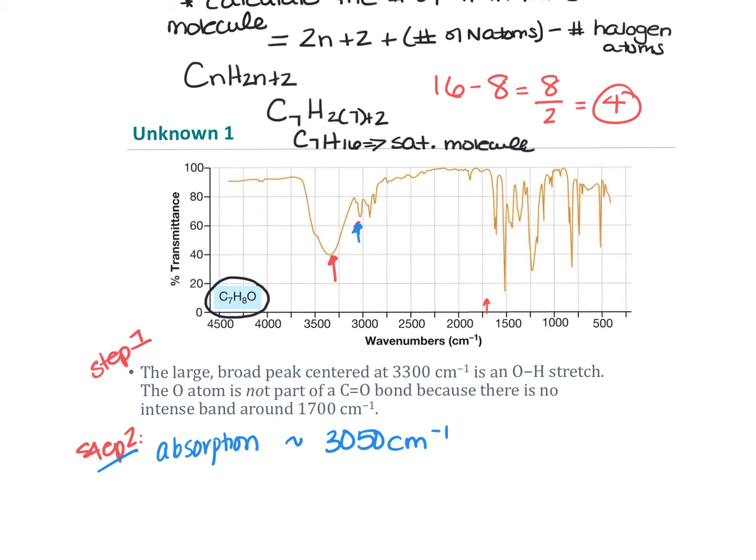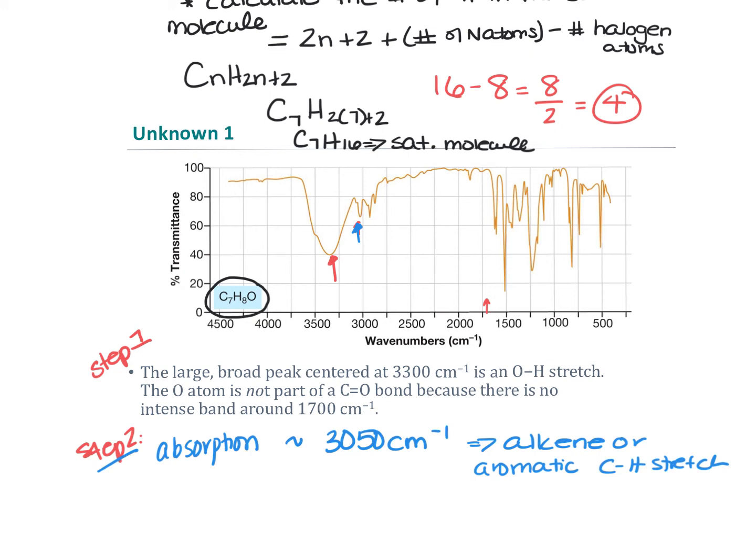That's going to belong to an alkene. So it's pretty characteristic of an alkene or an aromatic CH stretch. Notice we also have some absorptions right around 1450 to 1600. Those indicate double bonds as well. That's no surprise, we've calculated our IDH. We know we're going to have some sort of double bond structure there.